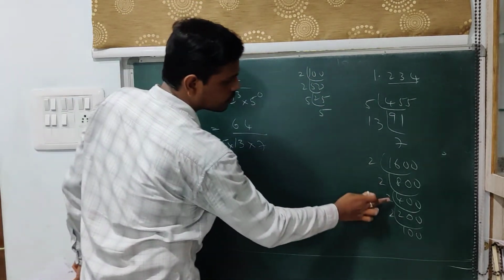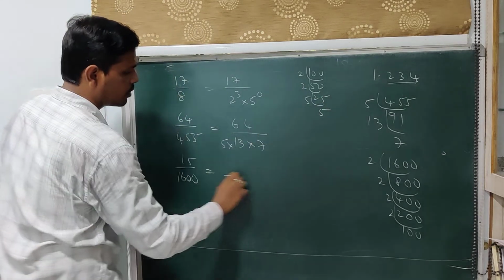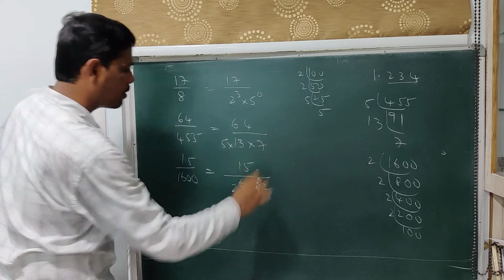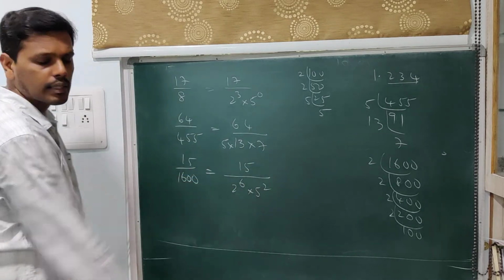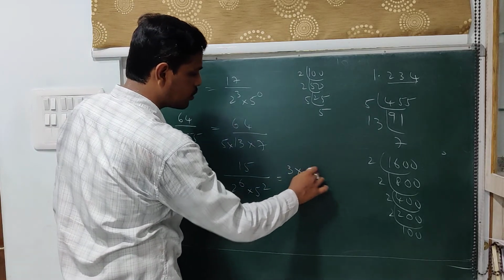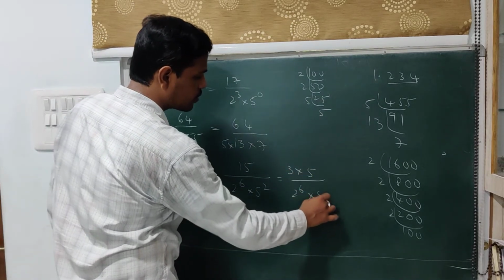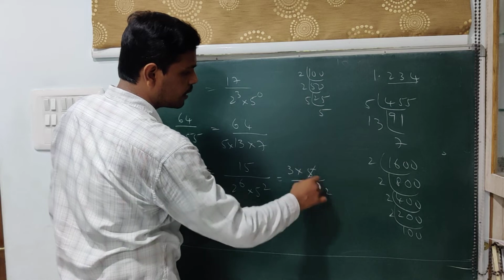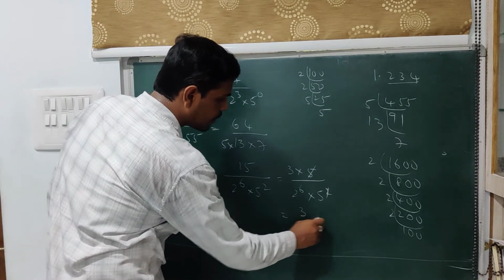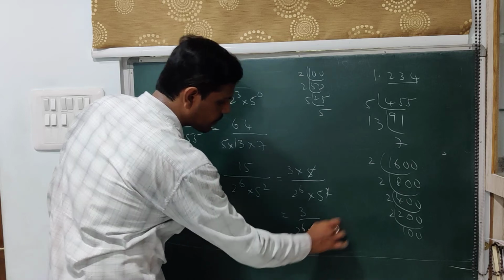So what do you get? 1 2 3 4 5 6. So this is 2 power 6 into 5 square. 15 you can write as 3 into 5, and the denominator is 2 power 6 into 5 square. Out of the 2 5s in the denominator, 1 5 gets cancelled with the 5 in the numerator. You will be left with 3 by 2 power 6 into 5.